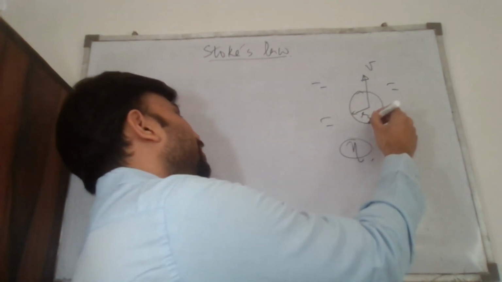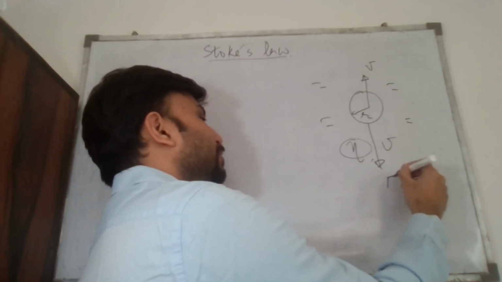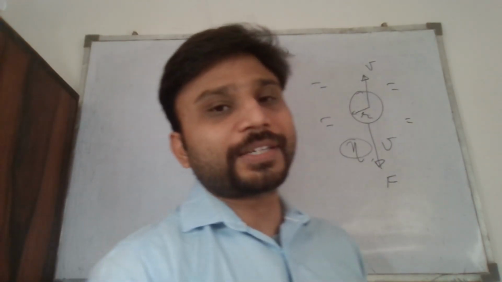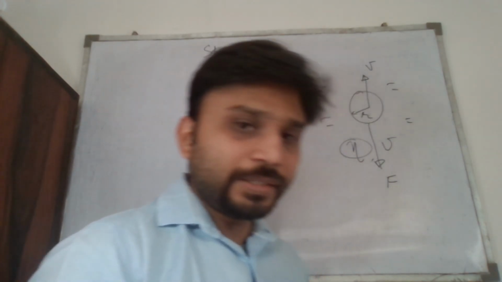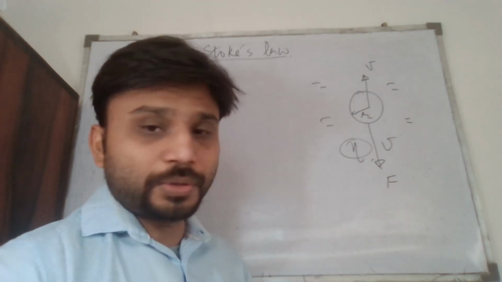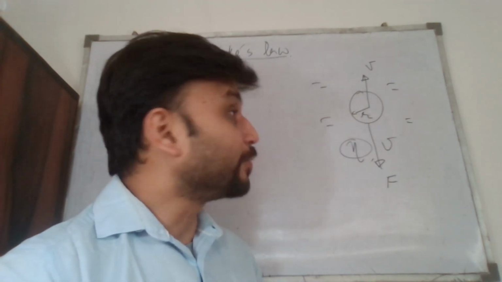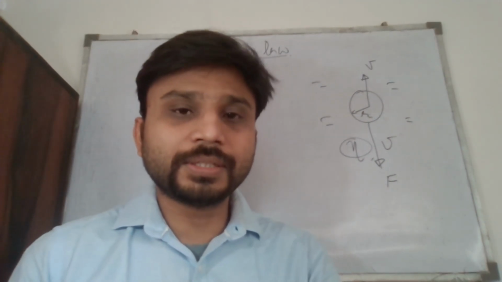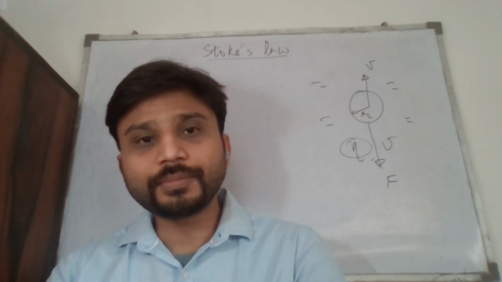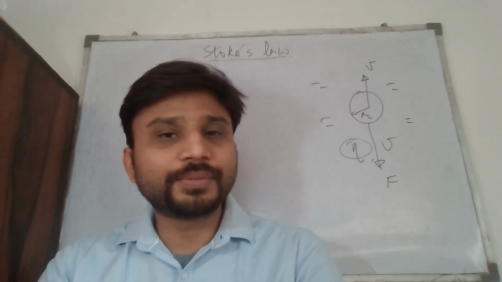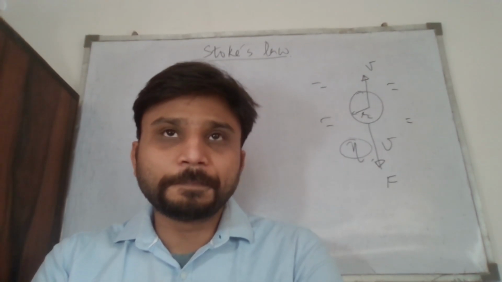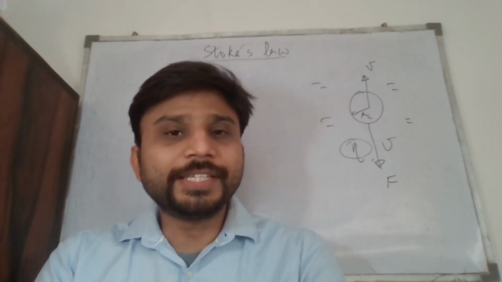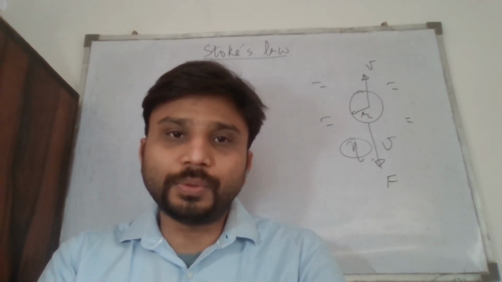Stokes' law says that there is a viscous force acting on this body in this downward direction, which I have just drawn, which is opposite to the velocity of the body. The value of this force we can calculate. The reason why this force acts is twofold.